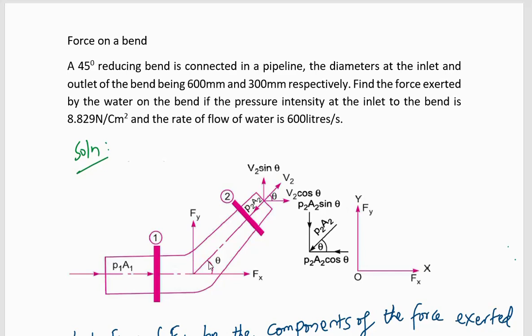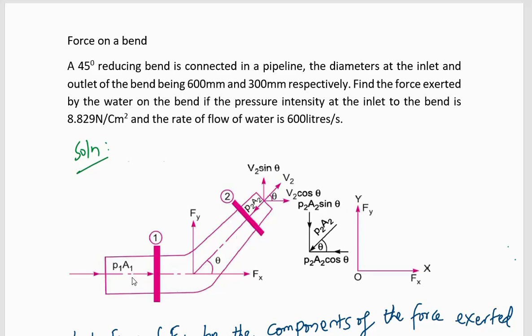And therefore, to proceed with this particular problem, we look at a force due to P1 moving in the direction of flow, whereas due to the pressure at section 2, we will have a force due to this pressure P2, but in the opposite direction.